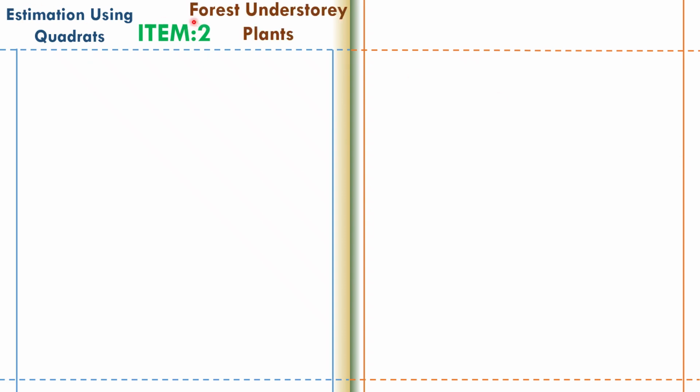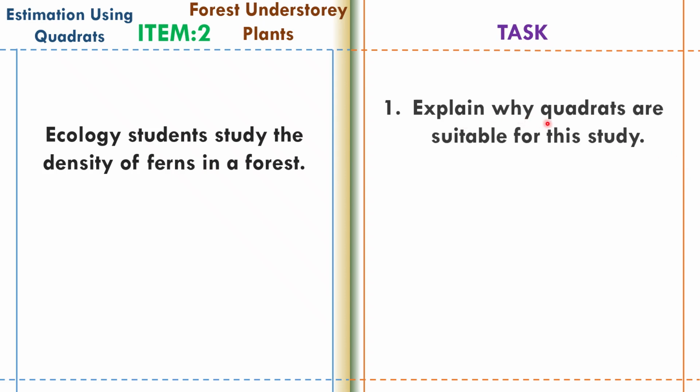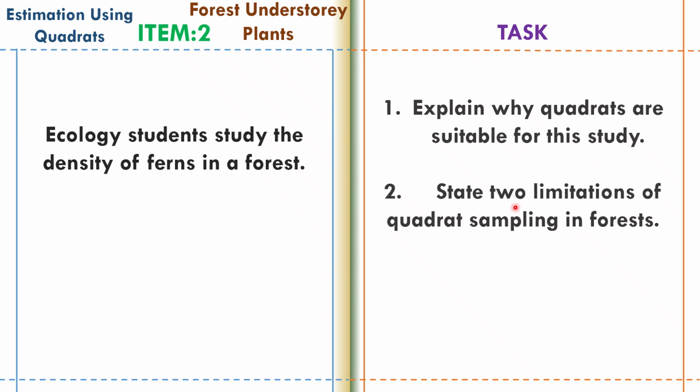We are looking at forest understory plants. Ecology students study the density of ferns in a forest. Task: explain why quadrants are suitable for this study. State 2 limitations of quadrant sampling in forests.